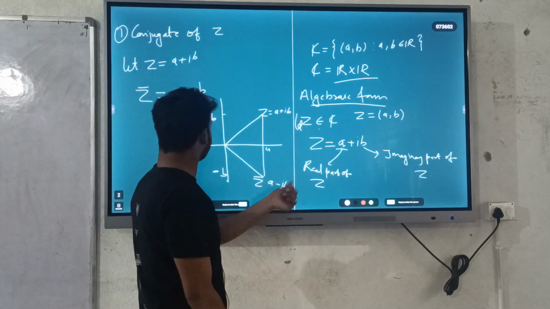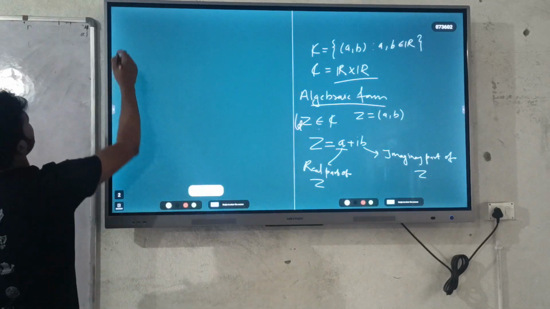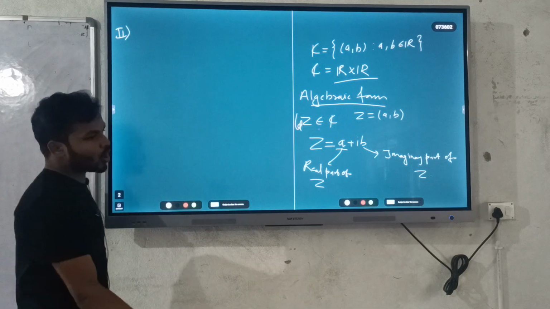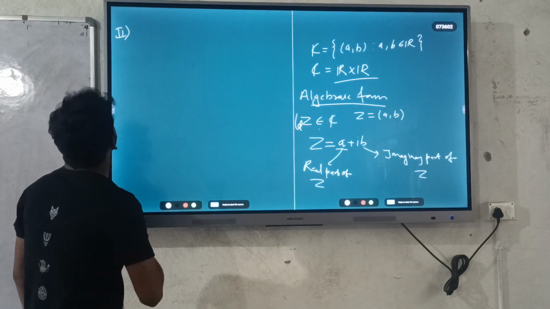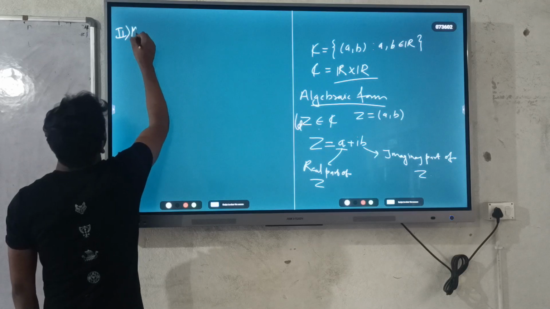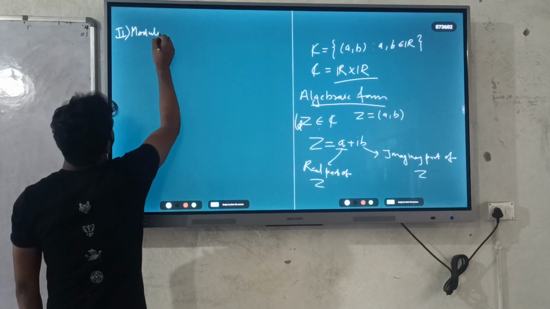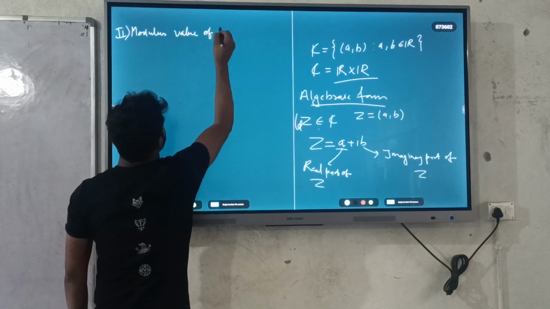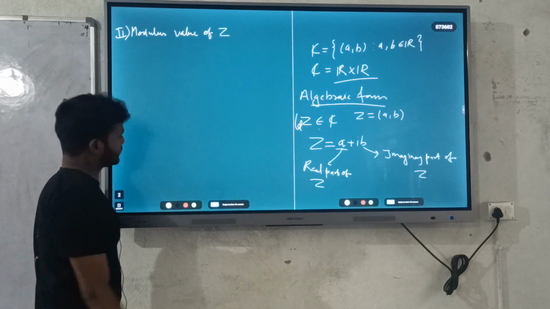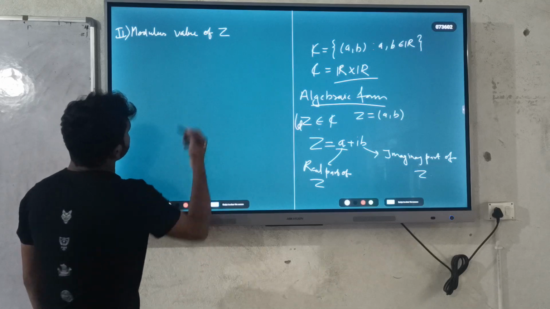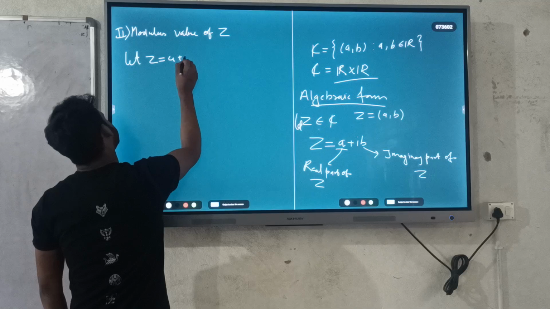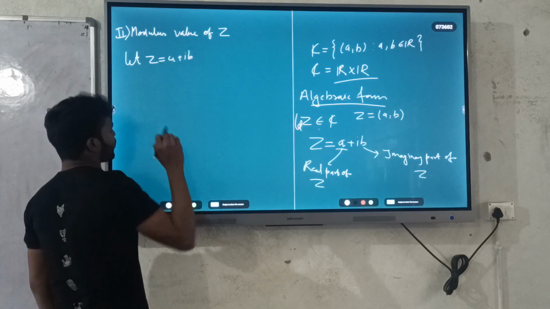Now let's move to my second topic. Now we understand what is the modulus value of z. Okay, so let z be a complex number and we want to calculate the modulus value.